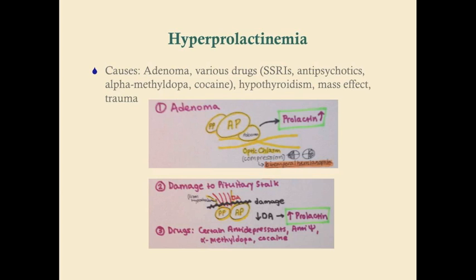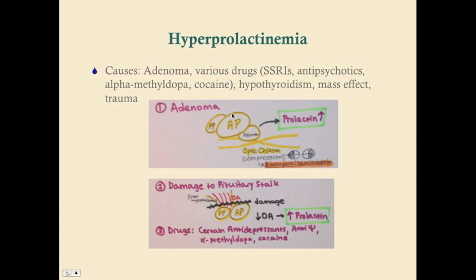And then there are various drugs: SSRIs, antipsychotics, because of their inhibitory effect, and then alpha-methyldopa and cocaine. Hypothyroidism and mass effect can also cause the secretion of prolactin. For hypothyroidism, that's part of the physiology review, as well as the various drugs.